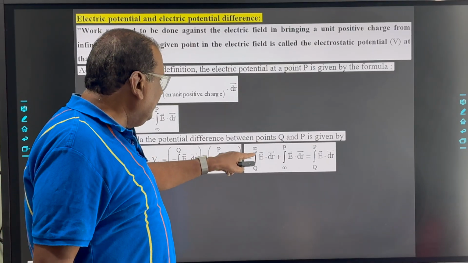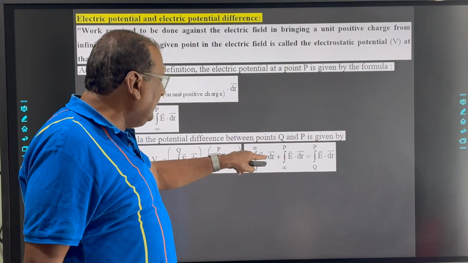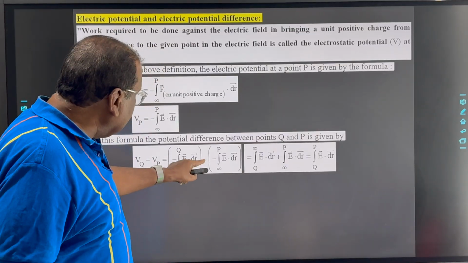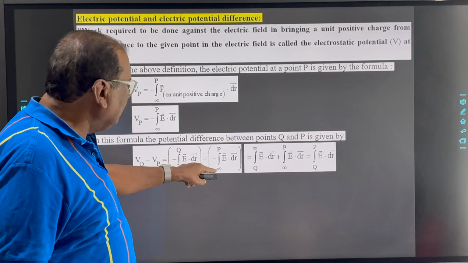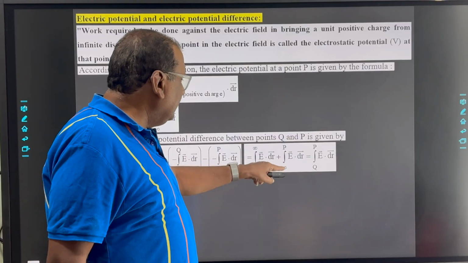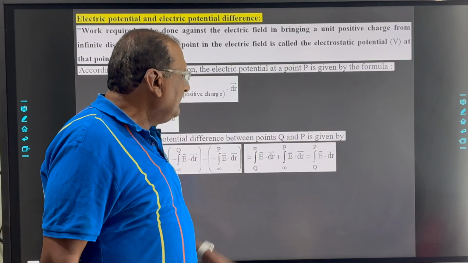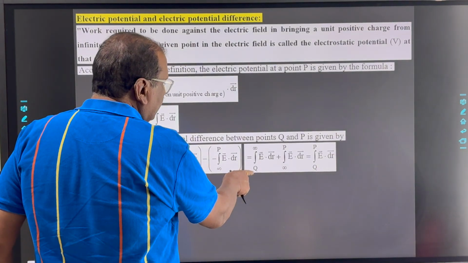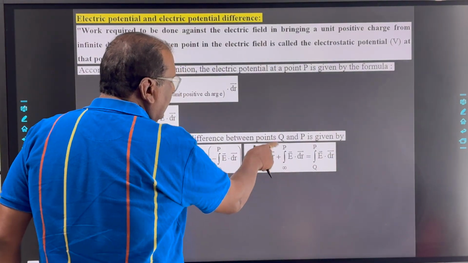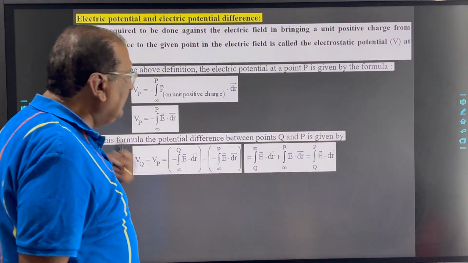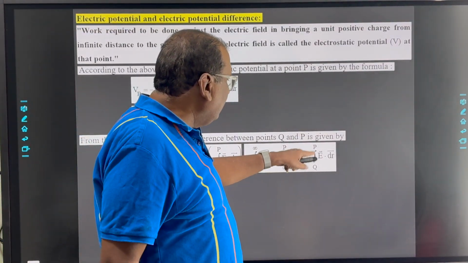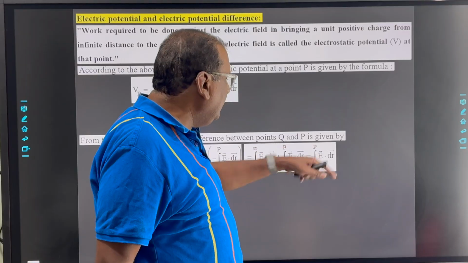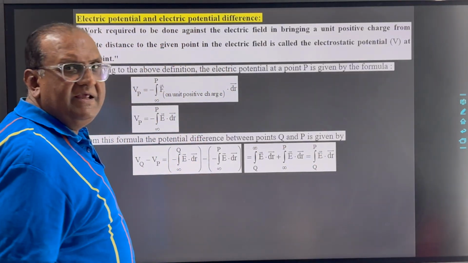So first step, integration Q to infinity E dot dr. Second one, minus minus, so plus integration infinity to P E dot dr. So here integration Q to infinity, then infinity to P. So combining the limits we can write this is equal to integration Q to P E dot dr.